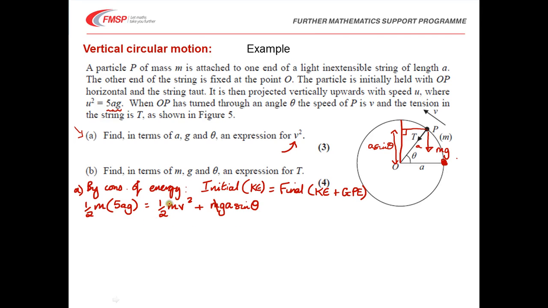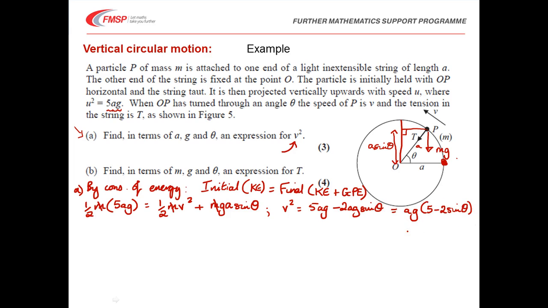We can get rid of all our m's, and we can double to get rid of the halves, and I think you should be able to see that that leaves you with an expression for v squared, which should look like 5ag minus 2ag sine theta. And I'm just going to show off a little bit and factorise that. So ag times (5 minus 2 sine theta).